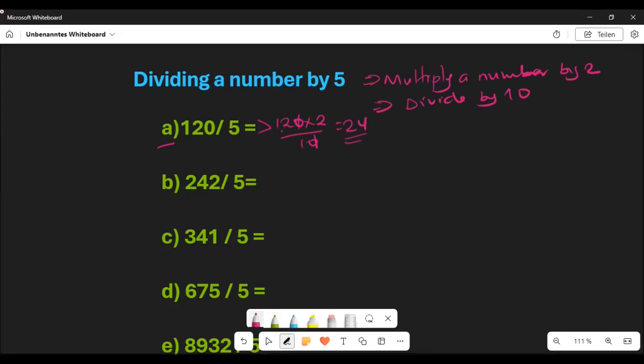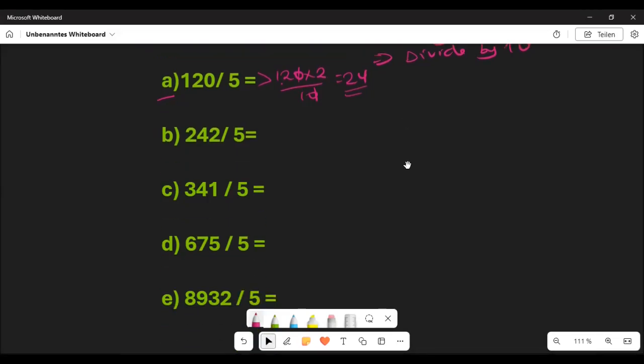So let's check how we do the second one, B. Again, we have this number, which is 242. We want to multiply that by 2 and then divide by 10. In this case, we are not likely to have a 0 at the end. So here we're just going to say, what is 242 multiplied by 2 and divided by 10.